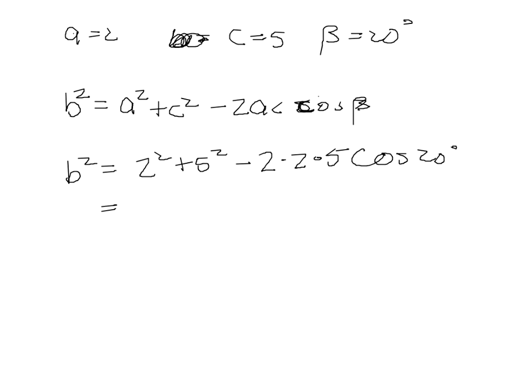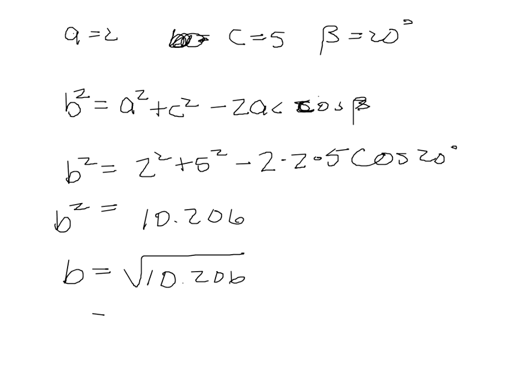As a decimal, that is 10.206. So b is the square root of that, and so b is 3.19 or 3.2.